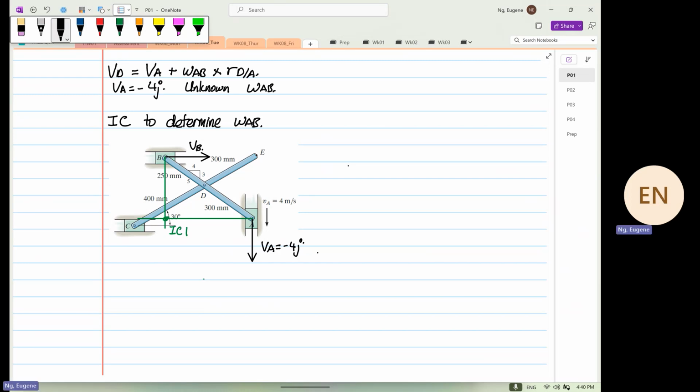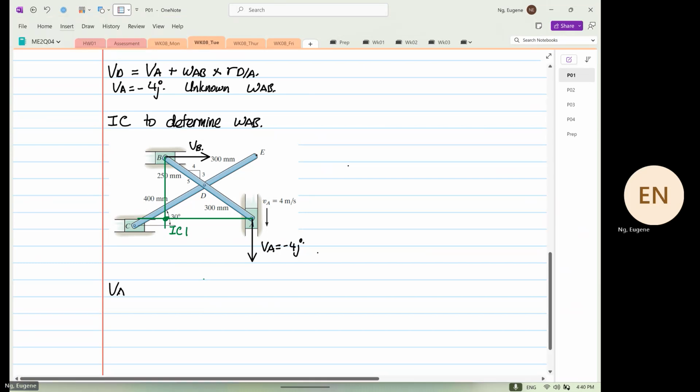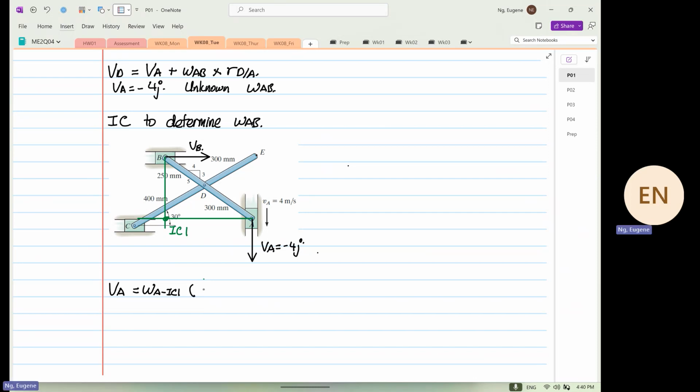Okay. So we know that VA will be equal to omega A stroke IC1, right? Multiply by the radius, or multiply by the distance A IC1.